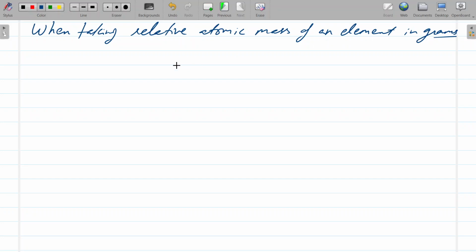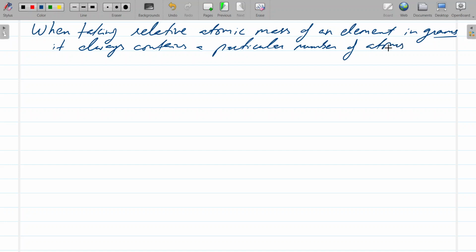Relative atomic mass in grams always contains a particular number of atoms. And what is that number? That number is 6.02 into 10 to the power 23.